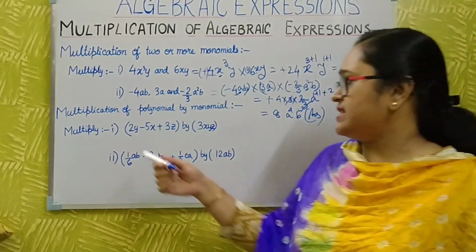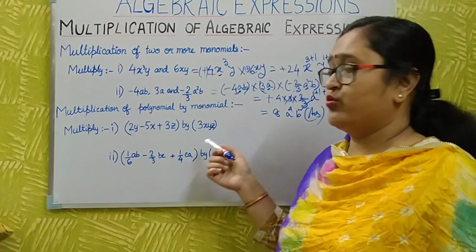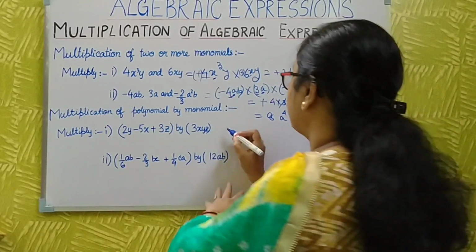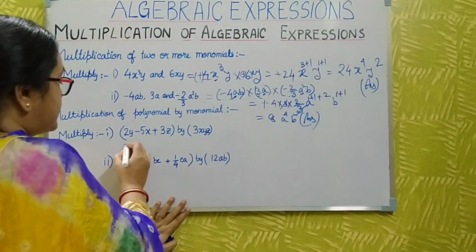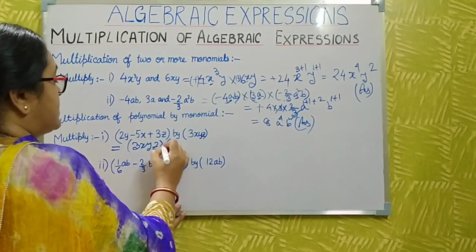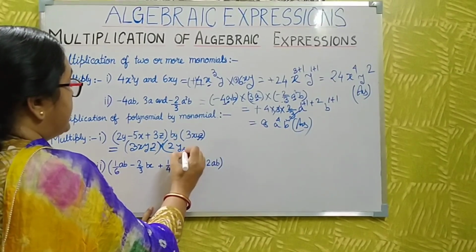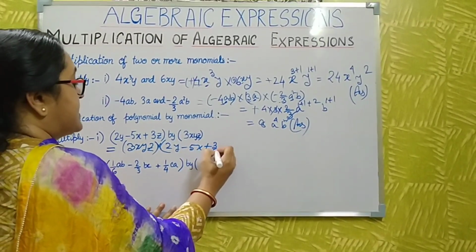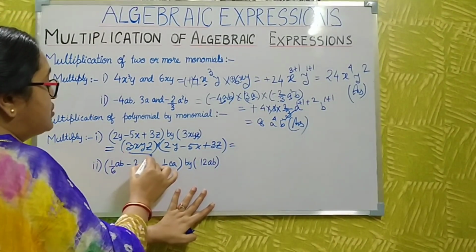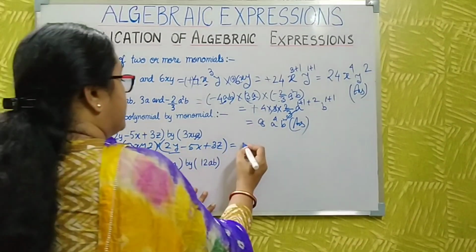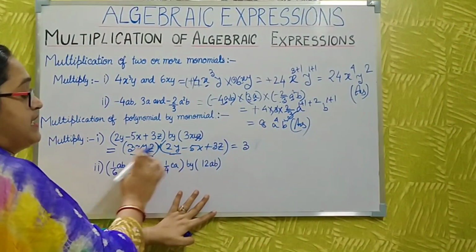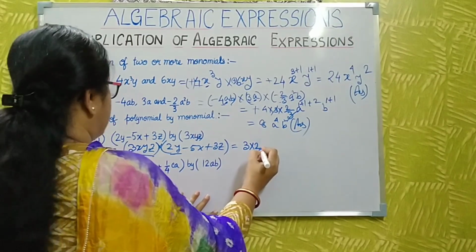Okay. Now I discuss multiplication of a polynomial by a monomial. First look at the board. Multiplication by polynomial: 3xyz, then you write like this, 2y minus 5x plus 3z. Then you do the multiplication. First you multiply this one with this one: 3x, then multiply 3 and 2. 3 2s are 6.